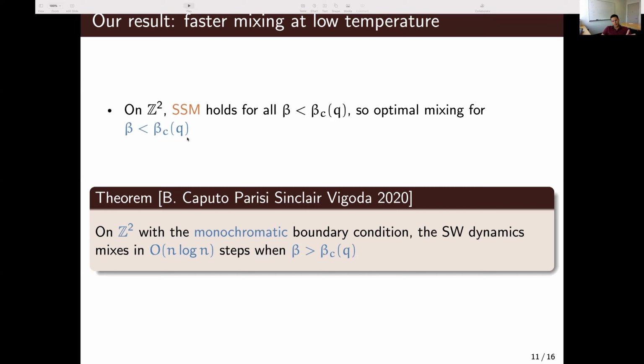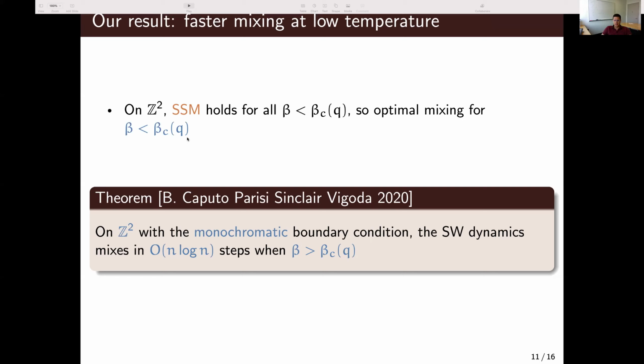So we prove optimal mixing of the Swendsen-Wang dynamics when beta is in the high temperature regime, strong spatial mixing holds, and beta is less than beta critical. Okay? Whereas we could make the case that perhaps the other regime, the low temperature regime, when beta is higher than beta critical, it's more relevant to prove results for the Swendsen-Wang dynamics there because that's where the global dynamics is slow.